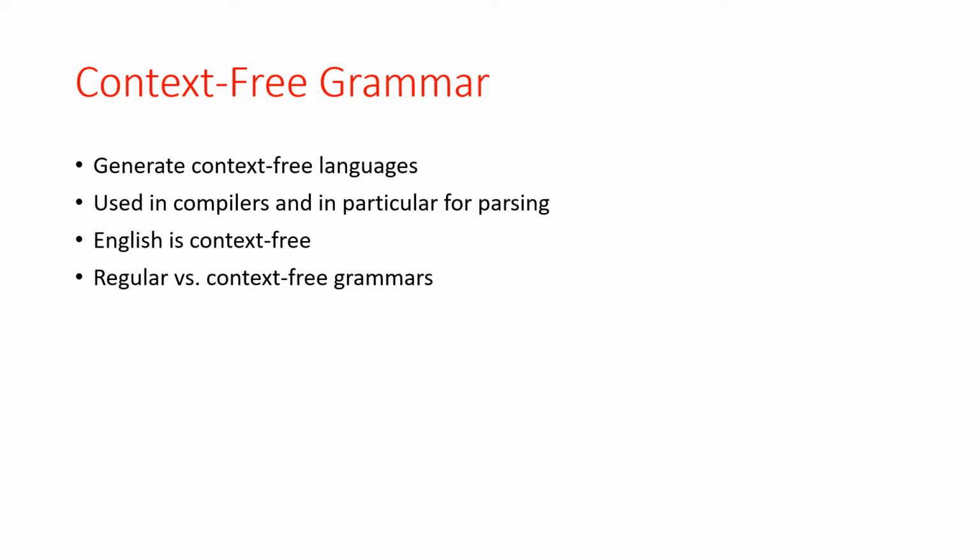Regular and context-free grammars differ in the types of rules they allow. Context-free grammars allow individual words and phrases in any order and allow sentences with any number of individual words and phrases. Regular grammars, on the other hand, allow only individual words along with a single phrase per sentence.